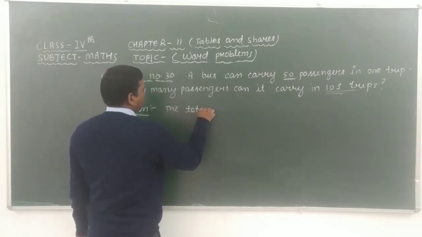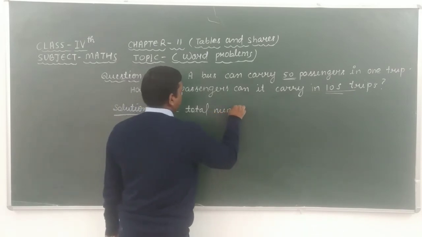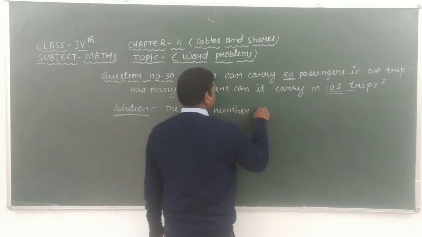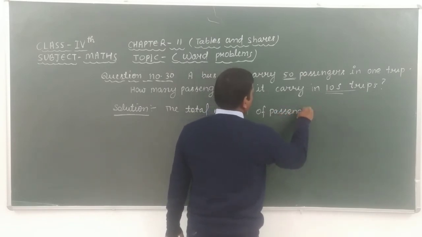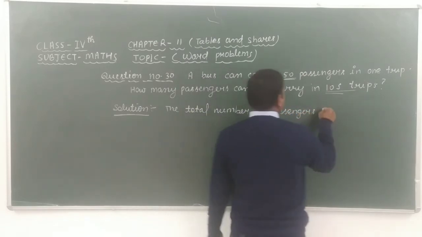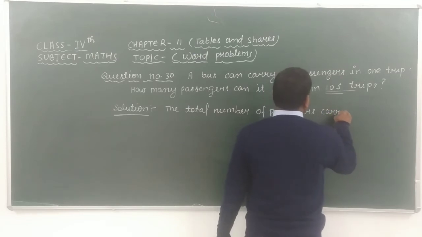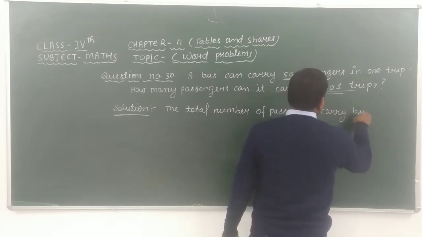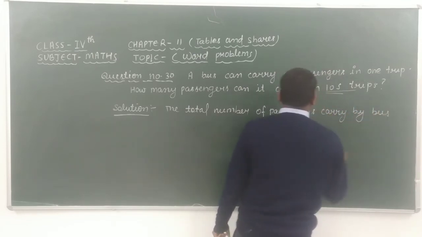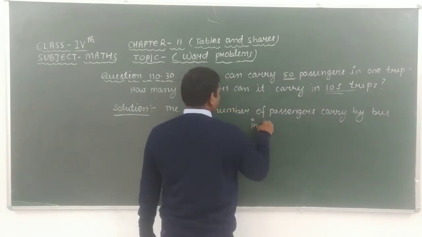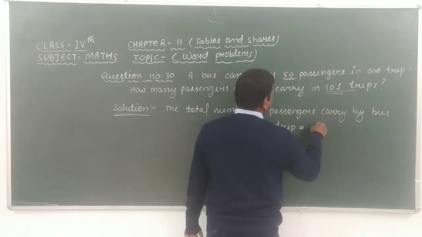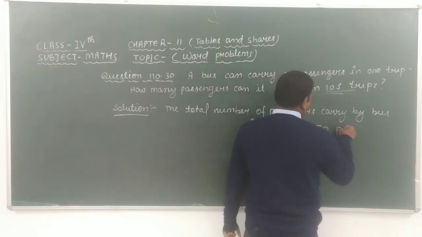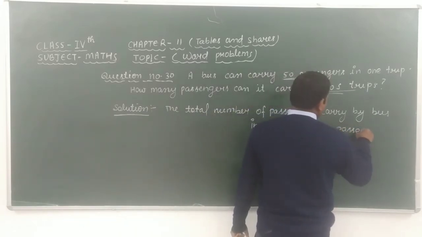We are given that the total number of passengers carried by bus in one trip is equal to 50 passengers. Okay, listeners.